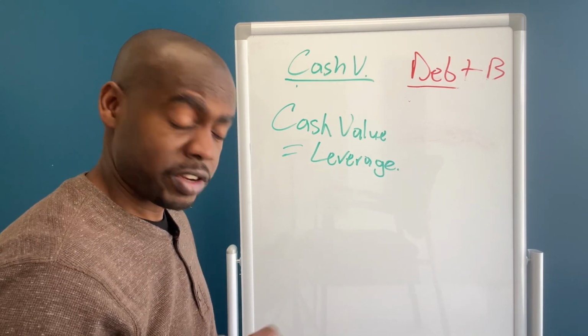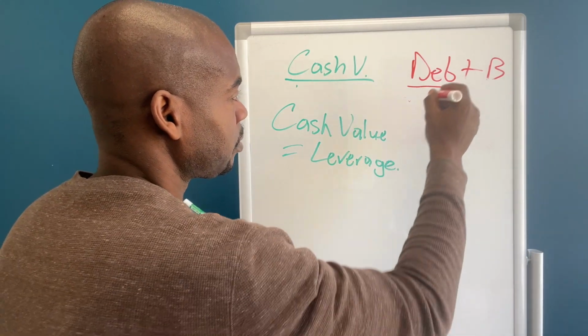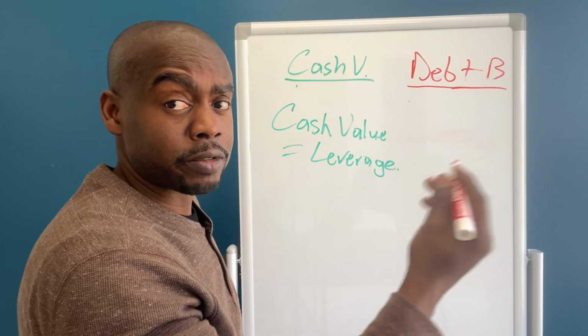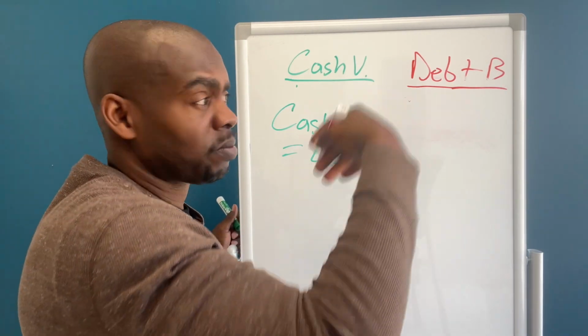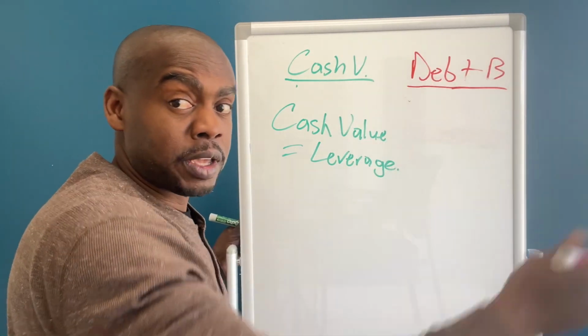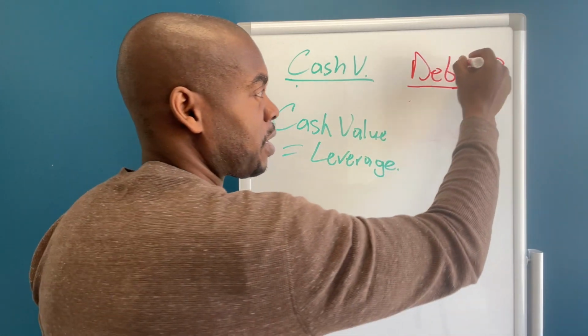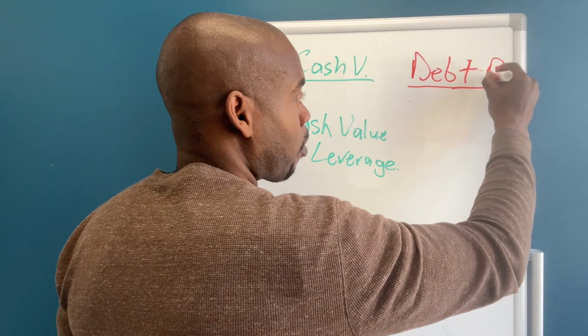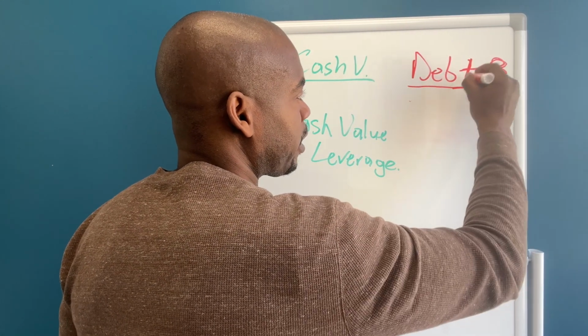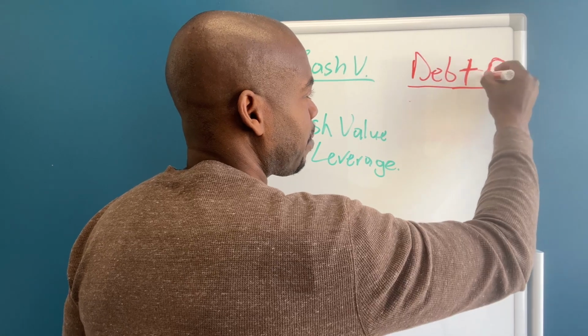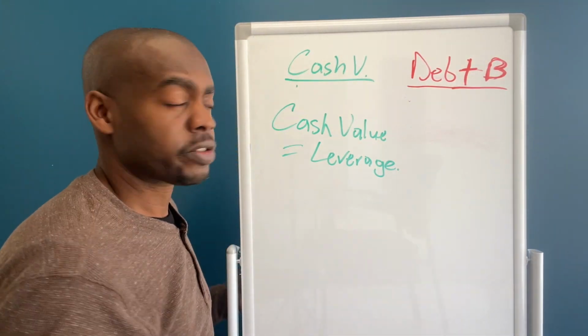You use it as leverage. That's what most people do with it, right? They borrow against it to make more money, go do something else, go invest in something. That's why most people borrow, right? They borrow to create leverage to give them better returns, right?